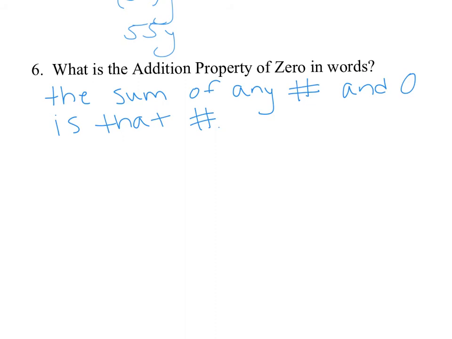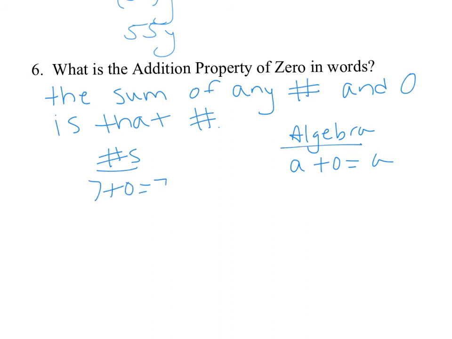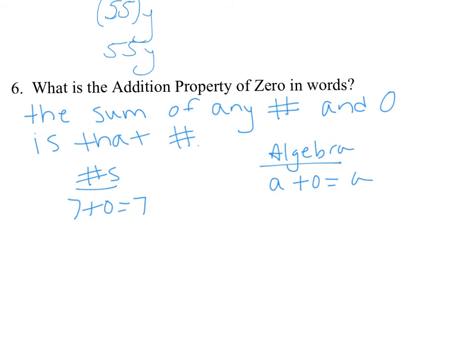So, algebra would look like this: a plus 0 equals a. With numbers, that would look like this: 7 plus 0 equals 7. That one's pretty easy for us to understand. Next slide.